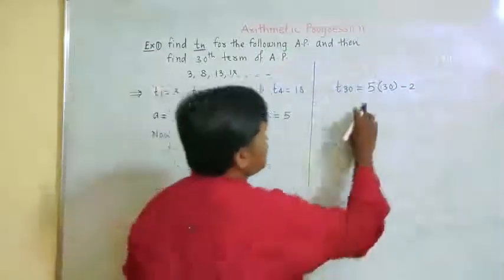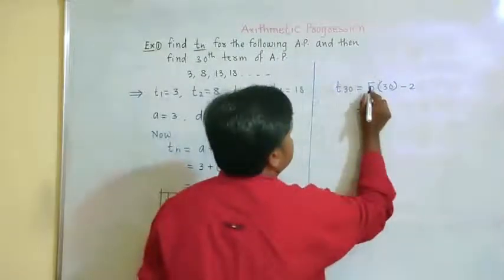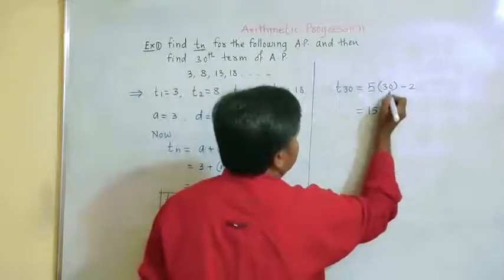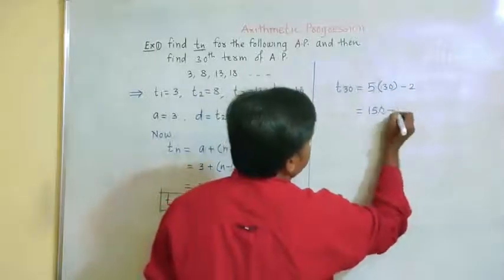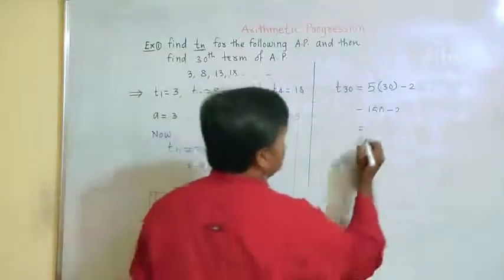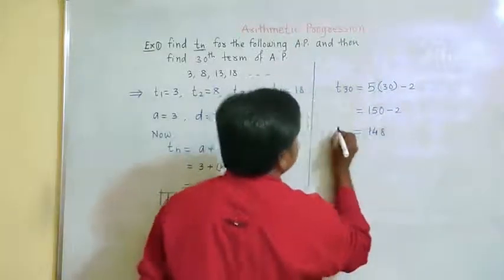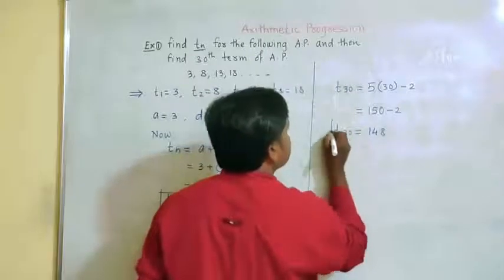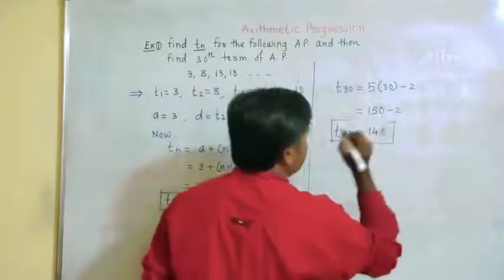Simplify this: 5 into 3 is 15 and this 0 same as it is, minus 2, so 150 minus 2 is 148. So this is the 30th term of that AP.